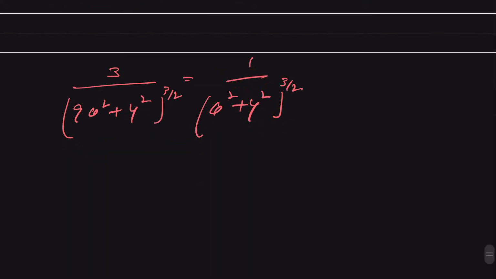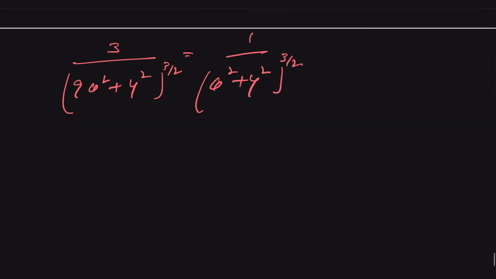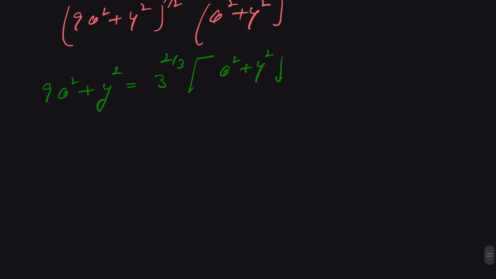And this will be a little bit of a tricky part to solve, but you can just try to sort it out. So this comes as 9a² + y² is equal to 3^(2/3) times (a² + y²), and we are going to arrange it with respect to y.